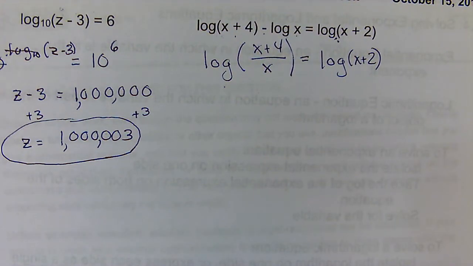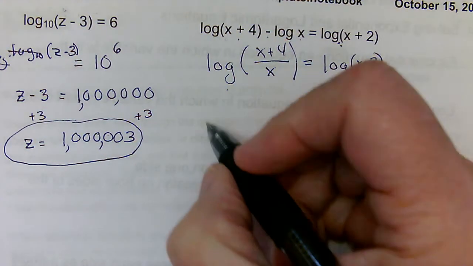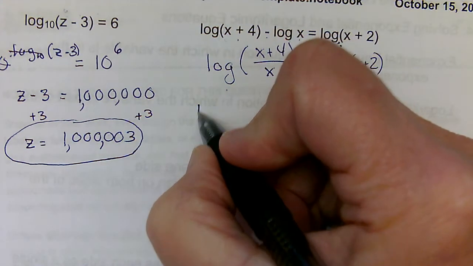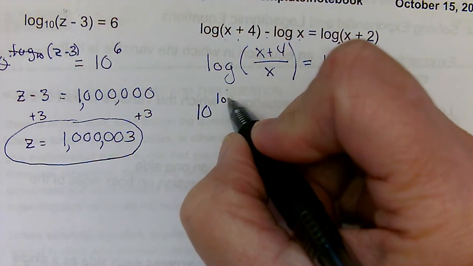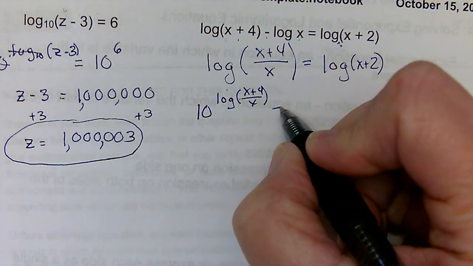So now I have a single logarithm on each side. Since it is a log that's base 10, we're going to exponentiate on a base of 10. So again, that means I'm going to use 10 as the base, and I'm going to use the two sides of the equation as the exponents.